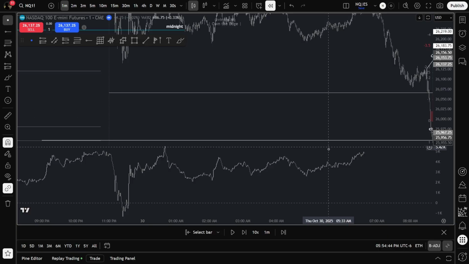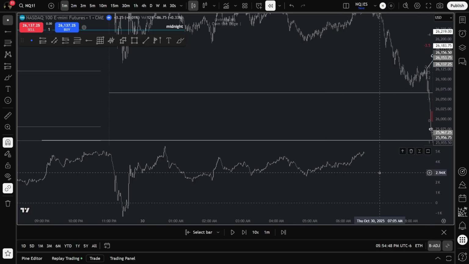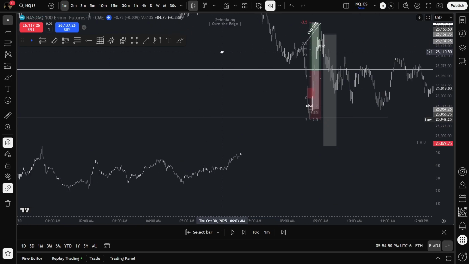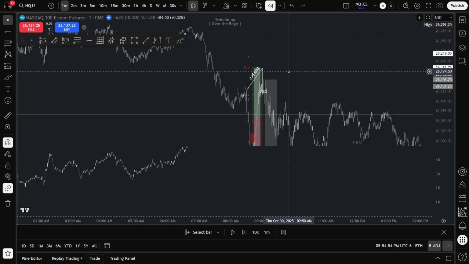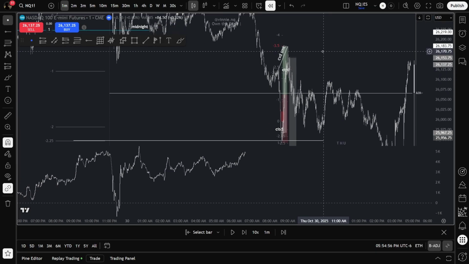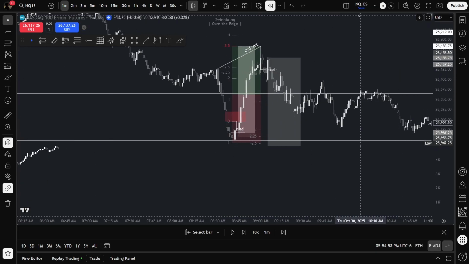I'm not really too big on order flow, but I do need order flow in my trading, and I'm using CVD divergences to show me absorption and everything in this market. And so basically, this is your CVD SMT. I had taken this trade.